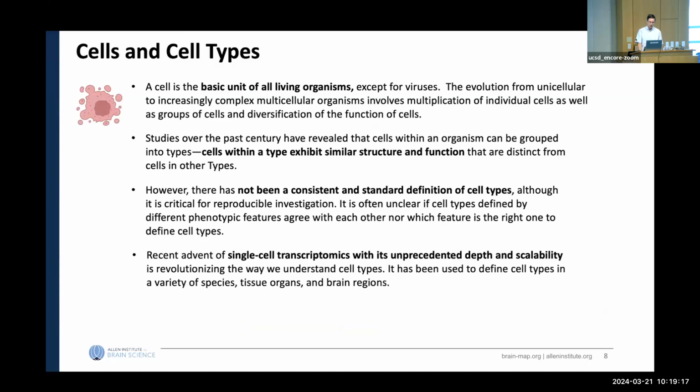We don't have to go through all of these, but why cell type characterization? It's because the cell is the fundamental processing unit. We know that cells matter. It's the smallest completely functional unit in an organism.